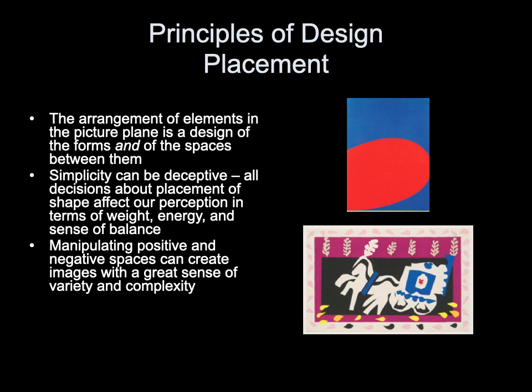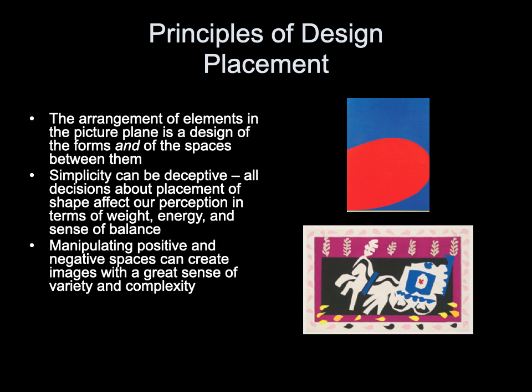The movement of the red-colored shape is suggested by the blue negative space at the bottom right of the work. It makes it seem like it is moving in and upward across this plane. So, as your book says, that affects our perception in terms of weight, energy, and sense of balance.